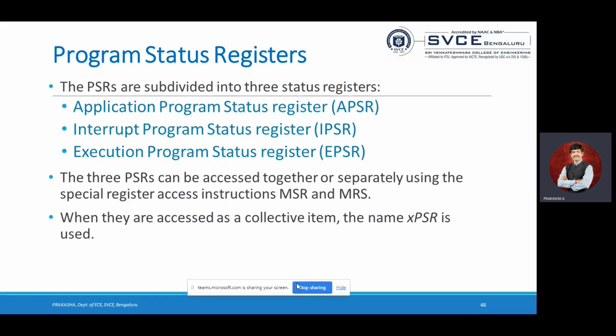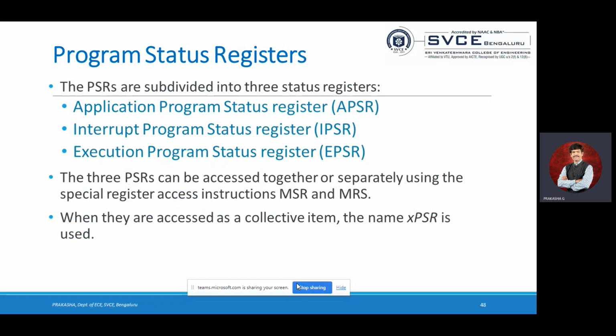One is APSR, second is IPSR, and third is EPSR. What is APSR? Application Program Status Register. IPSR is the Interrupt Program Status Register, and EPSR is the Execution Program Status Register. These are the three subcategories of PSR.